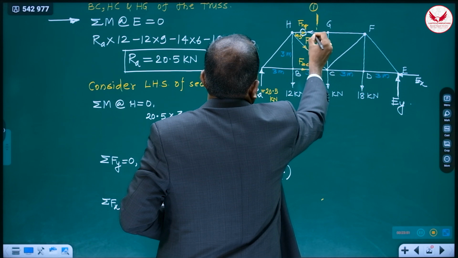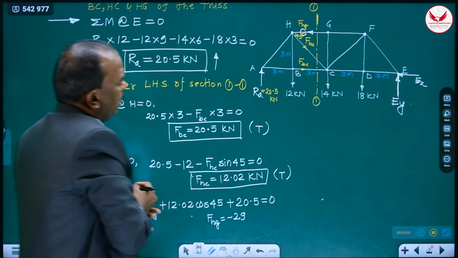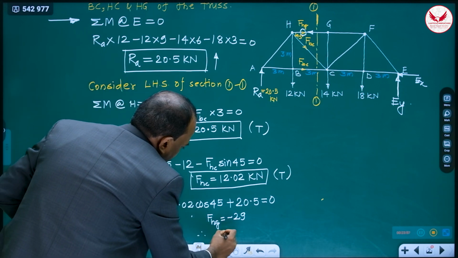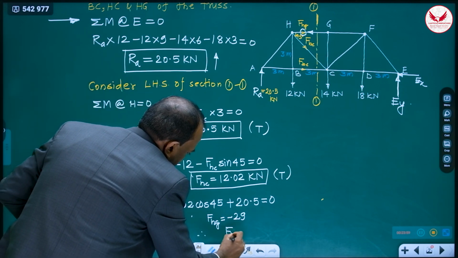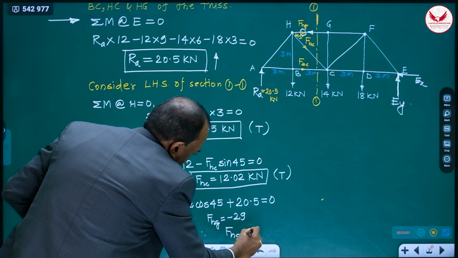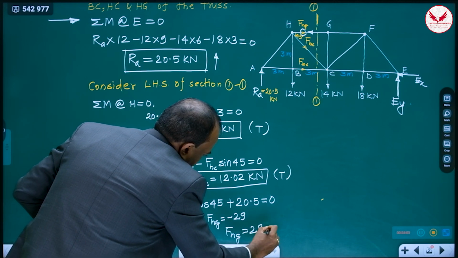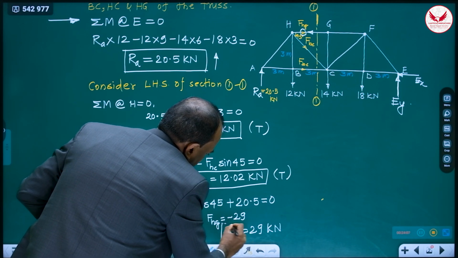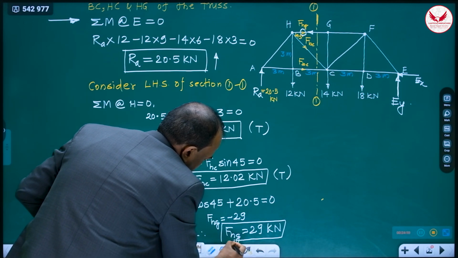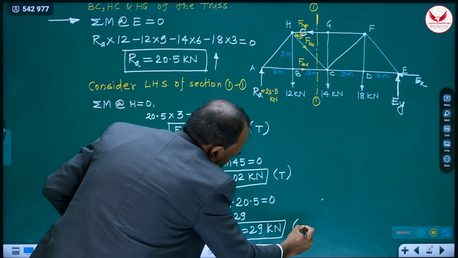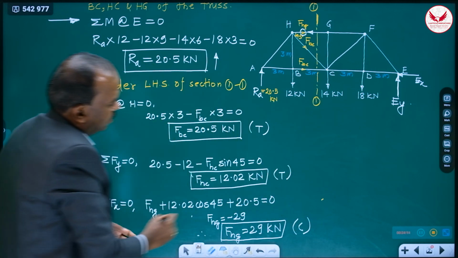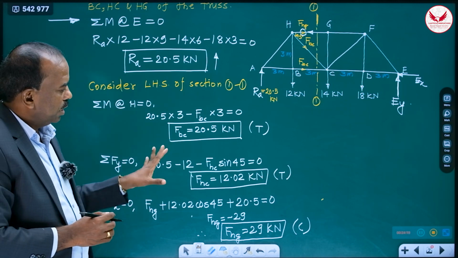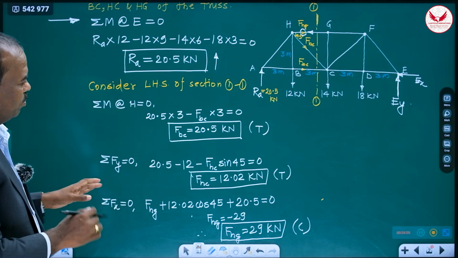It should be compressive. Hence, in the answer, FHG is equal to plus 29 kilonewton and here you have to write compression. So this is the answer, or these are the 3 forces in these members.